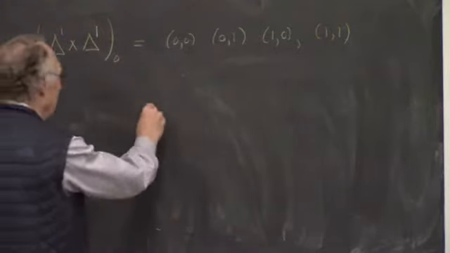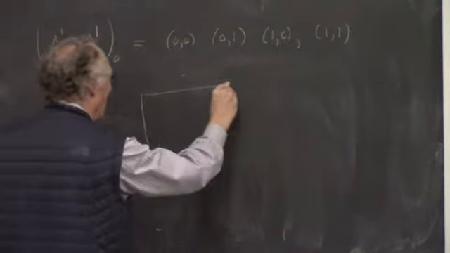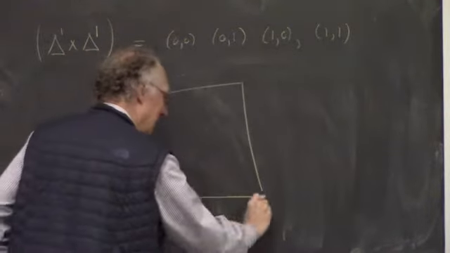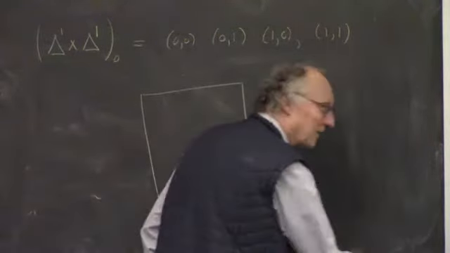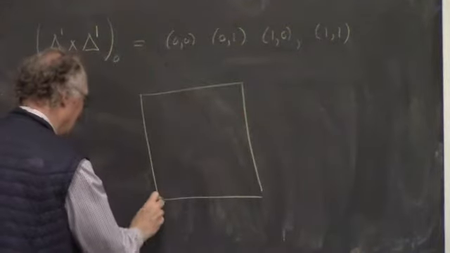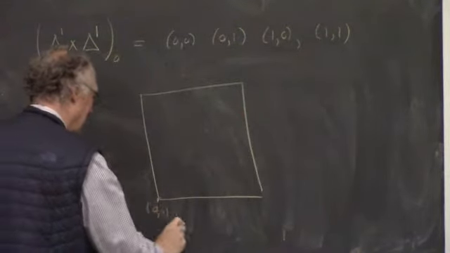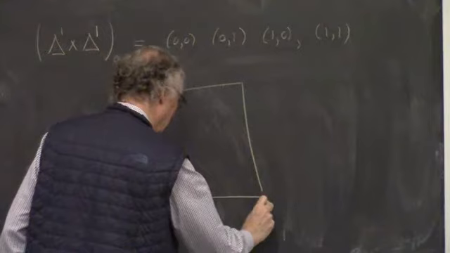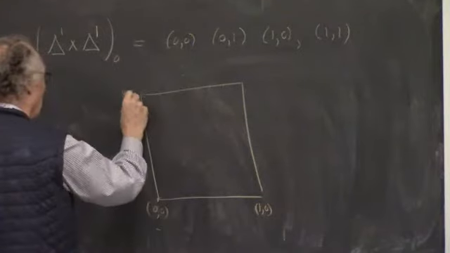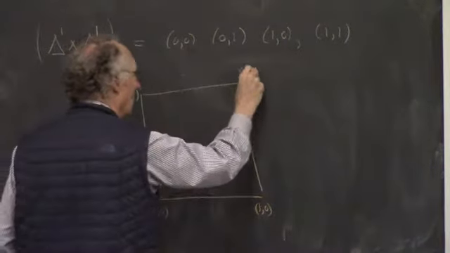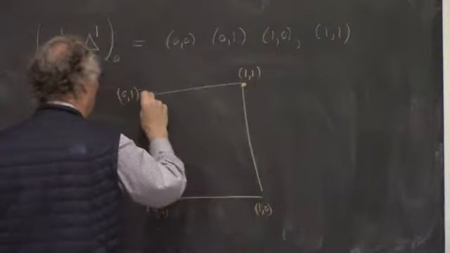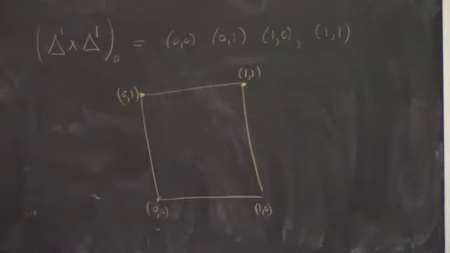And that looks pretty good. We're hoping to get the square. At least we've got the 4 points, 4 vertices. That's what we've found so far.